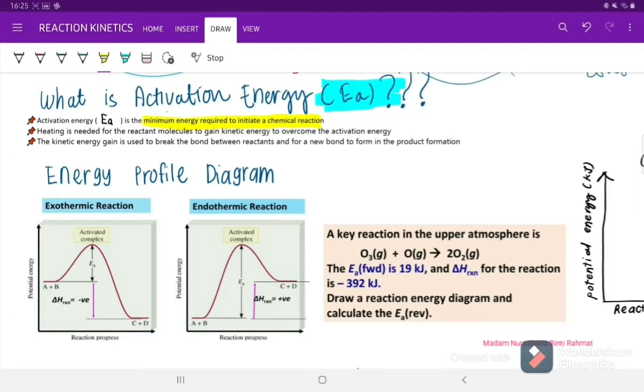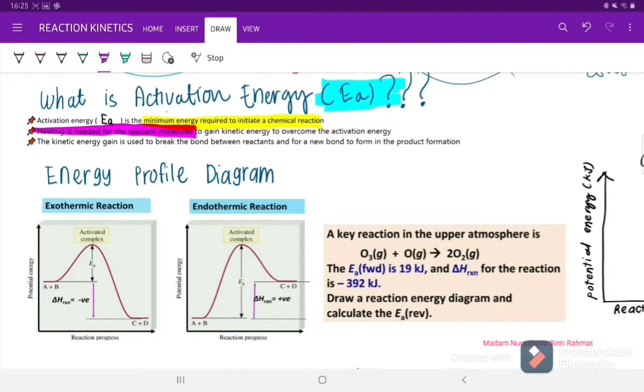But in order for molecules to achieve a kinetic energy that equals or overcomes this activation energy, a heating process is needed, because through heating, the kinetic energy of the molecules will increase. Higher temperature, higher kinetic energy.